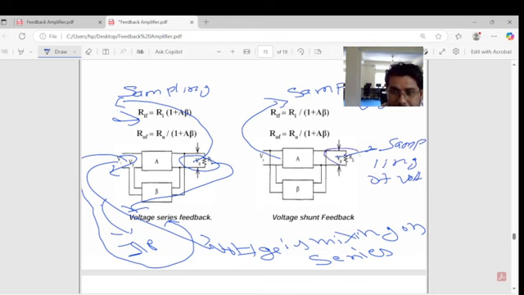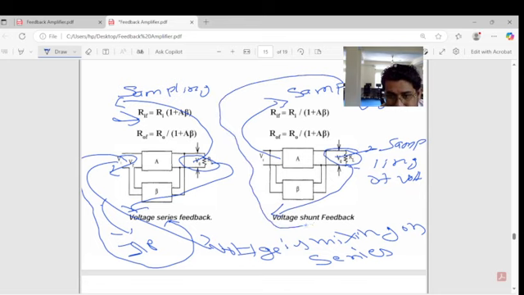We take this value from here and write it here. The sampling means shunting. Sampling is nothing but shunting. At the input terminal, this is series mixing. Mixing is always done in series, and sampling means shunting.